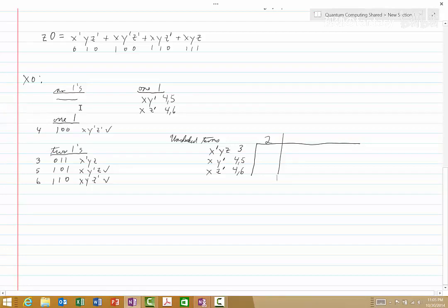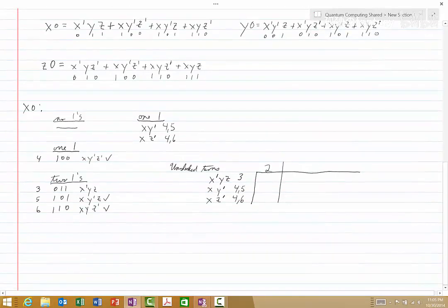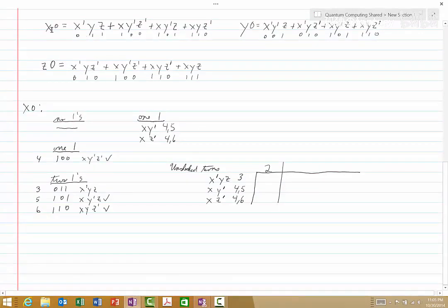Oh, sorry, I'm looking up at Z0. Here we go. We're doing the XO right now. So 0, 1, 1 is 3. The next term in XO is 1, 0, 0, so that's 4. The next term is 1, 0, 1, that's 5. And the last term in XO is 1, 1, 0, which is 6.